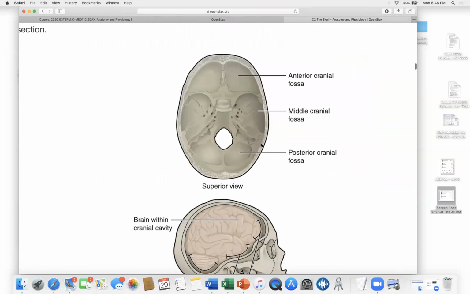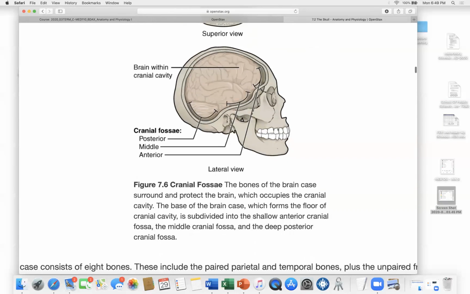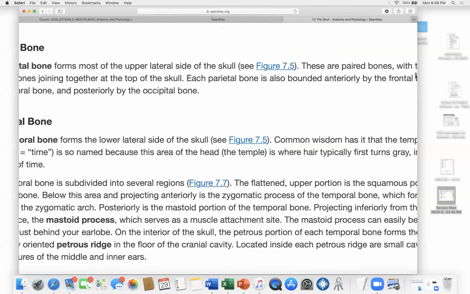There's more fossas when you open up. And that's where your brain sits. The frontal part of your brain will sit in the anterior fossa, your temporal in the middle, and the posterior portion of your occiput or your occipital part of your brain will be housed here in the posterior cranial fossa. And you could see the brain sits inside and there's little space, and that space is all full of fluid. So you could see the human being is like a very, very interesting puzzle.